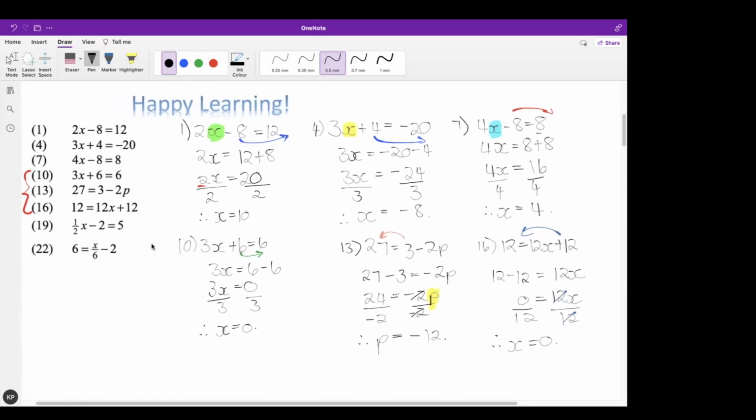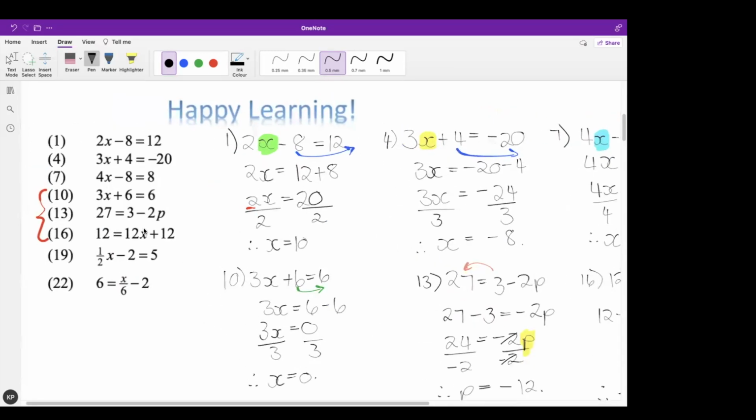Beautiful. All right. Are we ready to try 19 and 22 on our own? I know you guys can do them. So tell me, are we ready? Just do corrections quickly wherever you're working, and then we're moving on to 19 and 22.